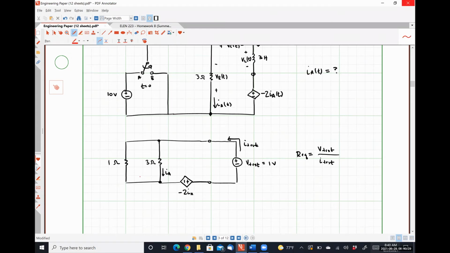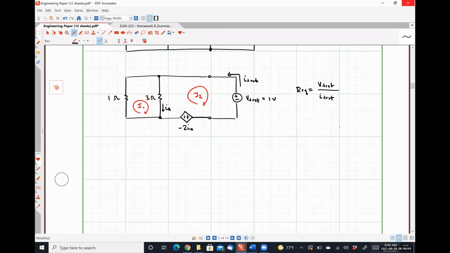So let's define this guy right here as mesh current I1, this guy right here as mesh current I2. And I don't have any current sources in this guy whatsoever, so this is just going to be 2 KVL equations and then I solve them, right?